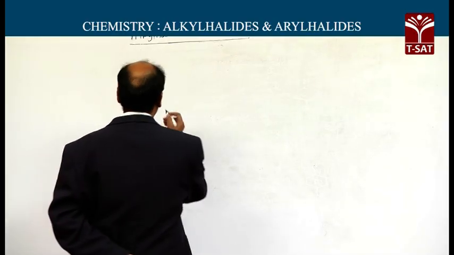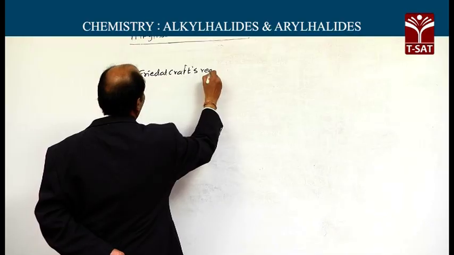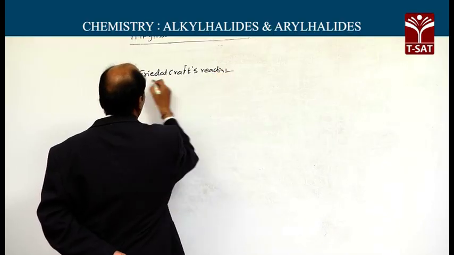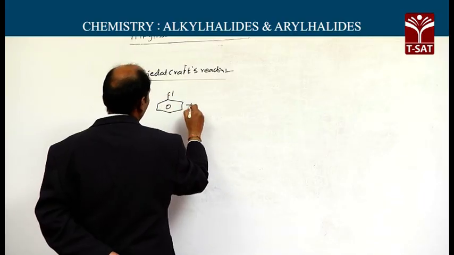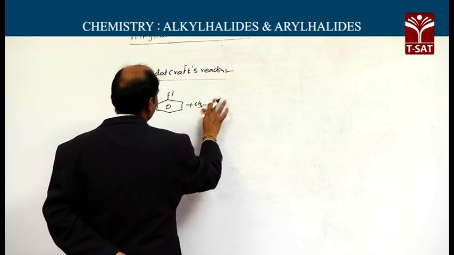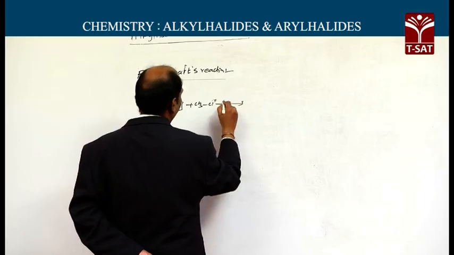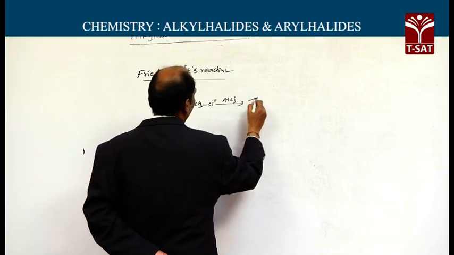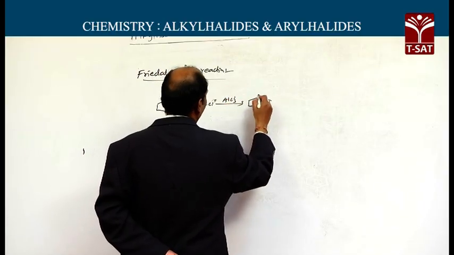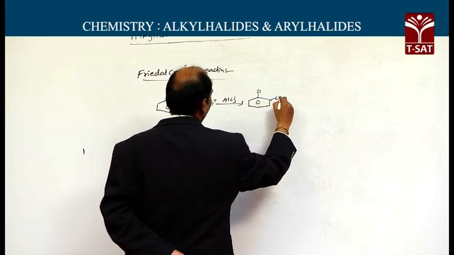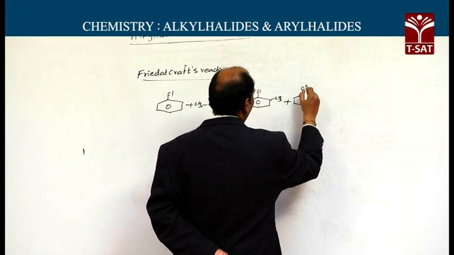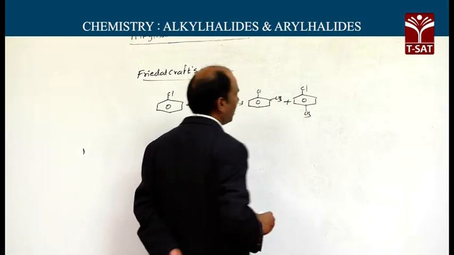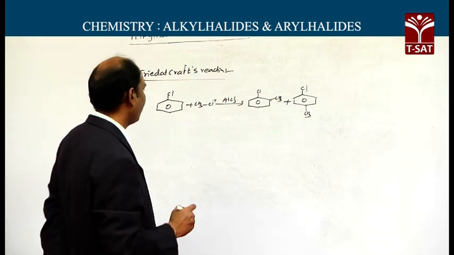Suppose Friedel-Crafts alkylation: chlorobenzene is treated with CH3Cl in the presence of AlCl3, and alkylation takes place at the ortho position as well as the para position. This is para-chlorotoluene and this is ortho-chlorotoluene, two compounds are formed.